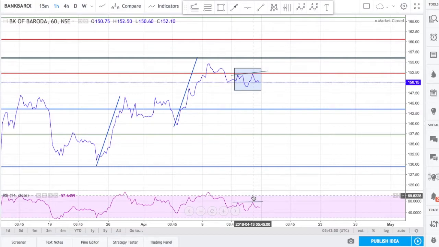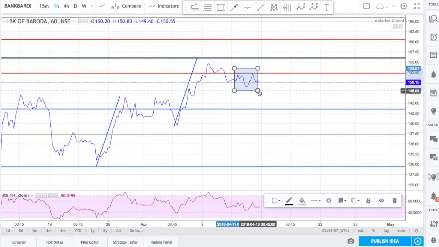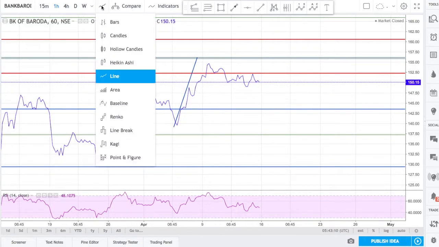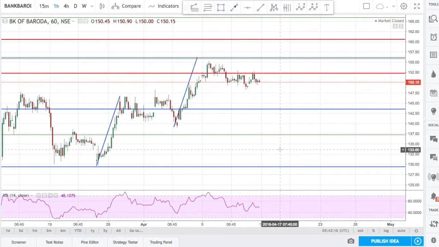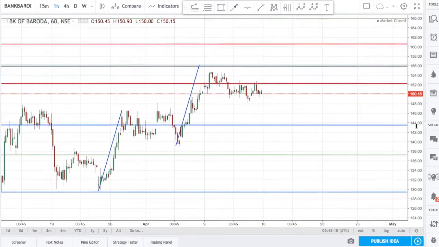So that is a negative indication. Okay, so we have an RSI divergence at this level on a 1 hour chart.